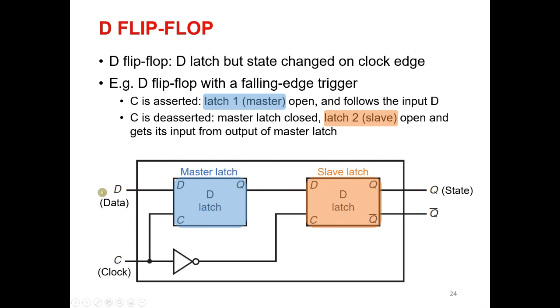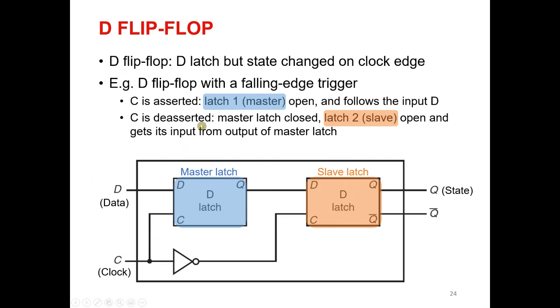We have the input here, and this latch will be activated when C is asserted, when the clock changes from 0 to 1. The input D will go here, and the state of Q will be updated accordingly. But as the slave latch is closed, nothing will change there. So when C is asserted, the master latch is activated and the Q is modified.